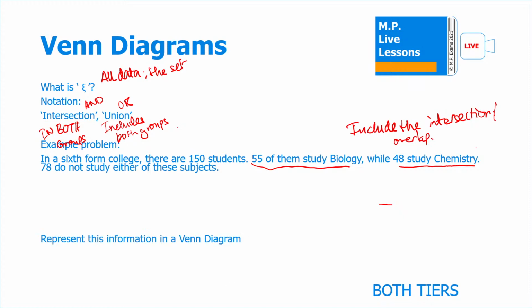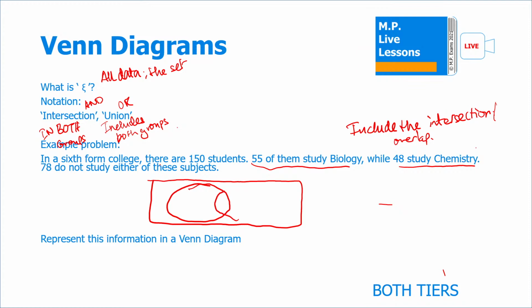So if we draw this in a Venn diagram, we'll have biology on the left, chemistry on the right. So you've got 150 students in total. 78 don't study either.